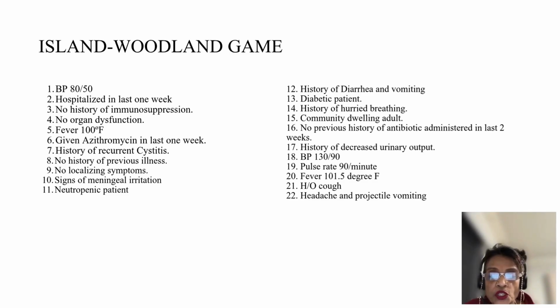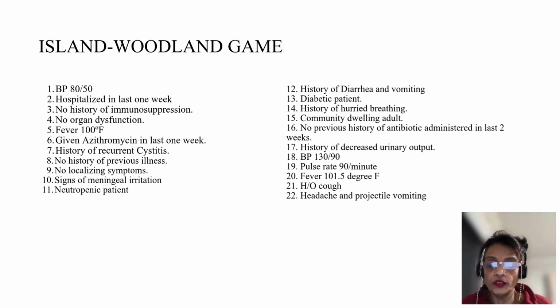12, history of diarrhea and vomiting. 13, a diabetic patient. 14, history of hurried breathing. 15, community dwelling adult. 16, no previous history of antibiotics administered in the last 2 weeks. 17, history of decreased urinary output. 18, BP of 130 by 90, pulse rate of 90 per minute, and fever of 101 degrees Fahrenheit.